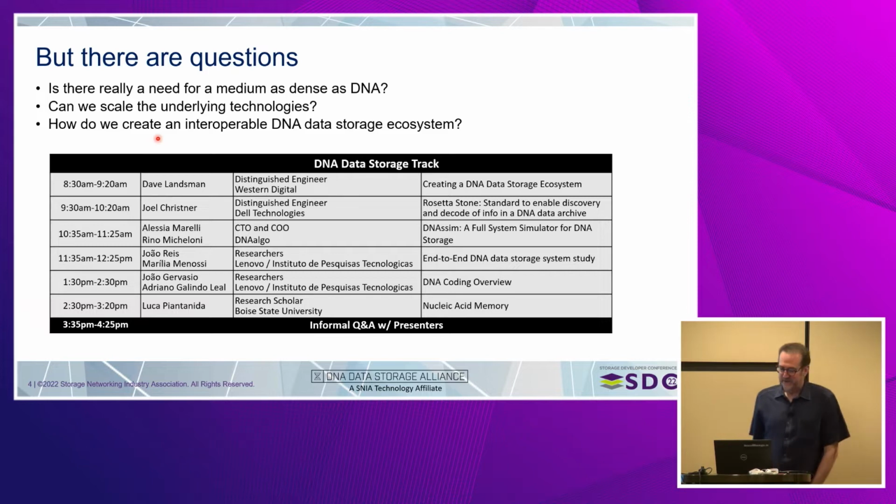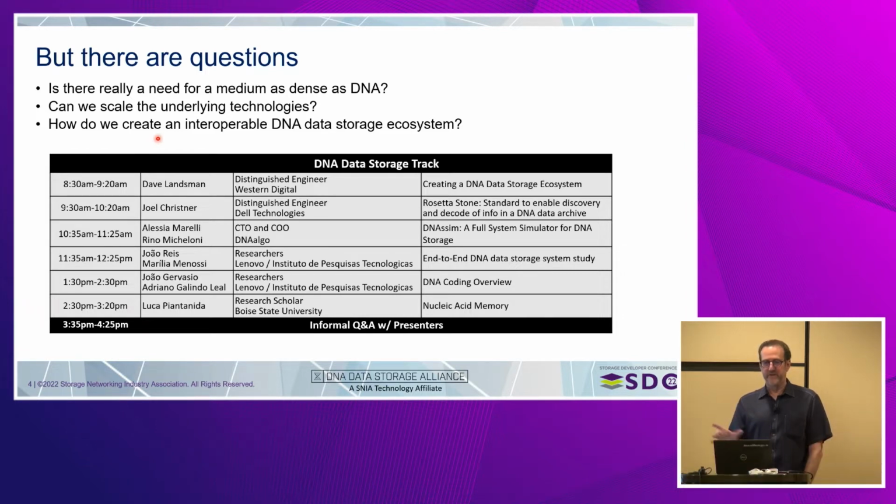So with all this potential goodness for DNA as a storage medium, there are still questions. Do we really need something as dense as DNA? It's really dense, but maybe we don't need that many bits. Also, can we scale the underlying technologies? I'll talk a little bit about this as we go.